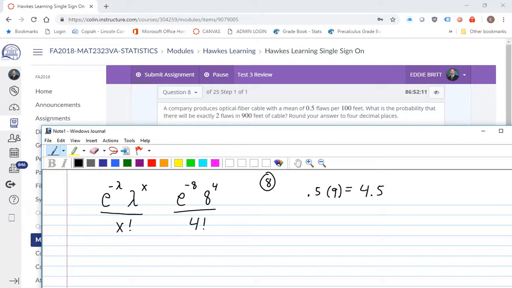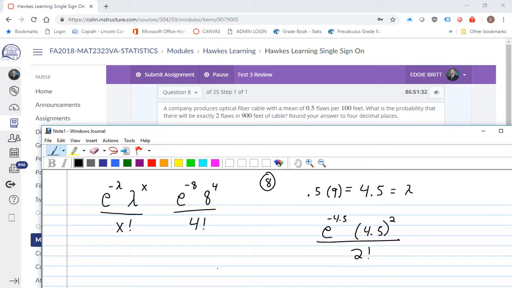Now we want to know the probability there'll be exactly 2 flaws. Remember, this 4.5, that's going to be our lambda. So this is going to be e to the negative 4.5 times 4.5 squared divided by, and why did I square that? Because we want exactly 2. So that's 2. And then divided by 2 factorial.